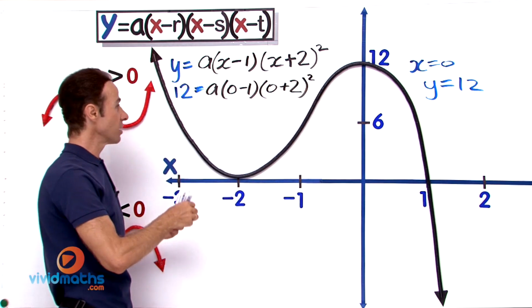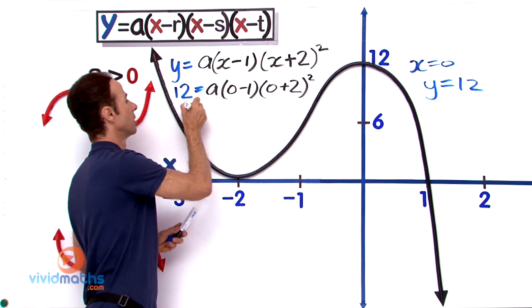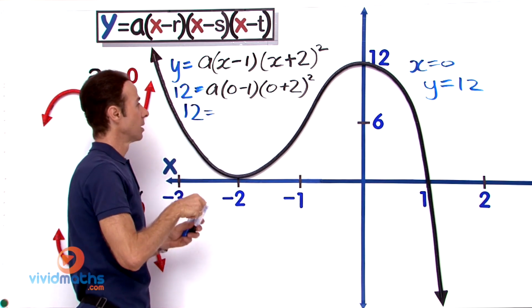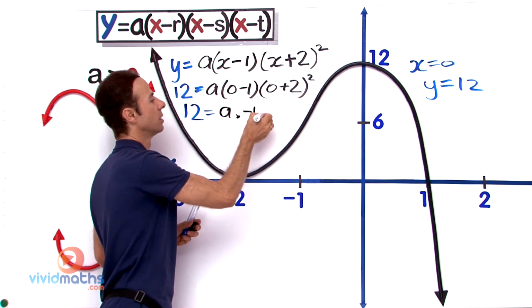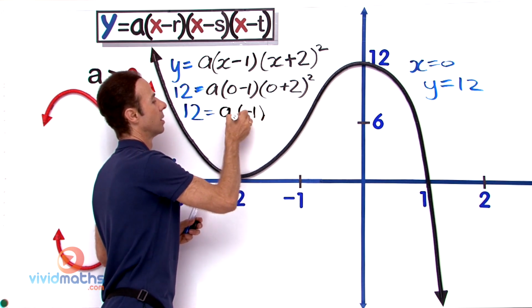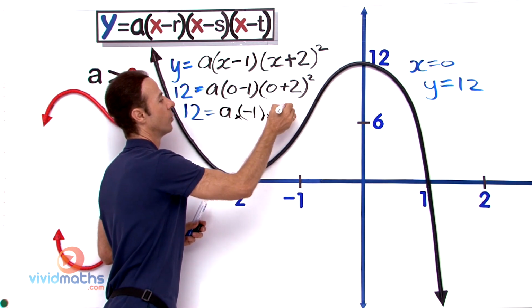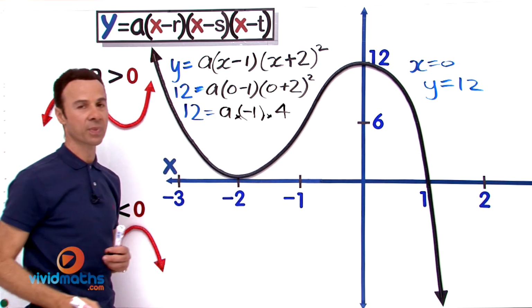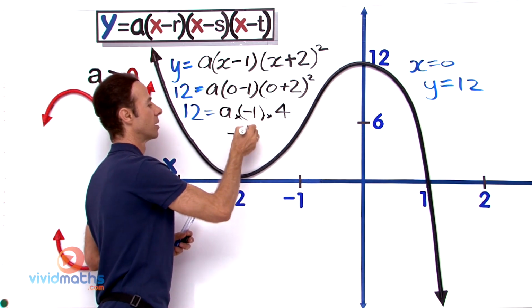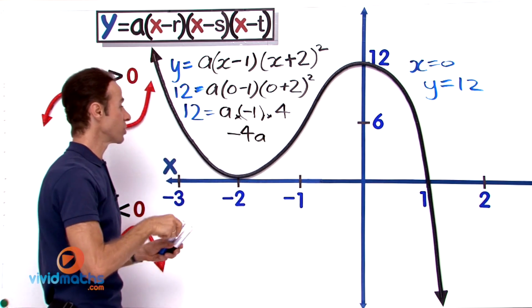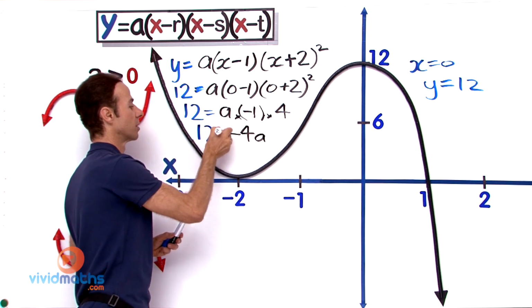So let's simplify this. We'll have 12 equaling a, times -1, times 4, because 2 squared is 4. So 4 times -1 is -4a. And of course, on this side, we still have the 12.